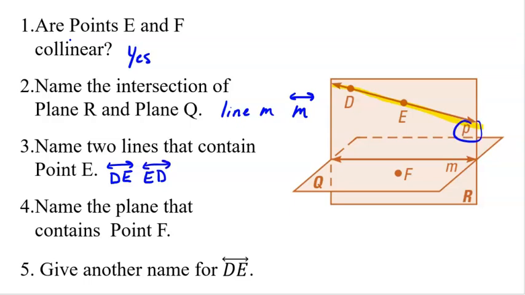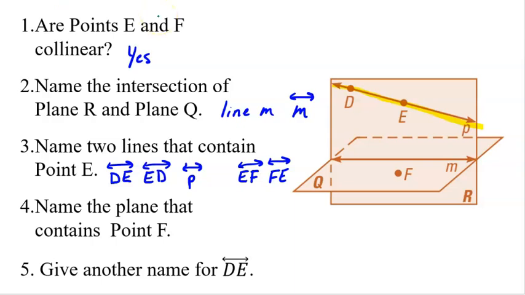And then also notice that we have that lowercase letter on the end here, and so we could call that line P. However, all of those are the same line, and it's asking us for 2 lines that contain point E. And from number 2, we know that there's also a line that exists between E and F. So we could have also said line EF, or FE would have been acceptable, and that would have been our 2 different lines. Number 4 says name the plane that contains point F.